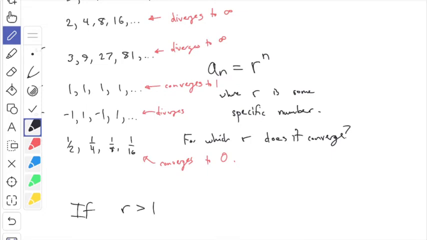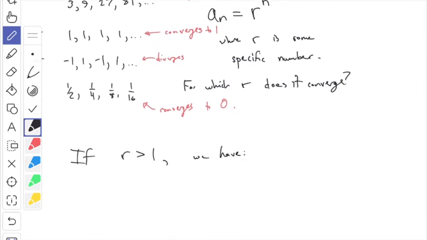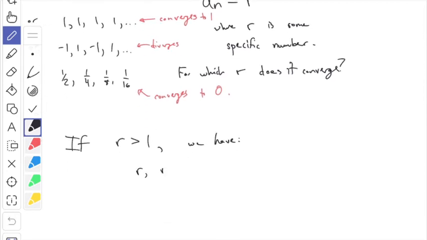if the r is greater than 1, then if you think about what this sequence looks like, we have things like r squared, r cubed, r to the 4. But if the r is bigger than 1, then these numbers just get bigger every time, right? Every time you do a higher power of a number that's bigger than 1, you get a bigger answer.